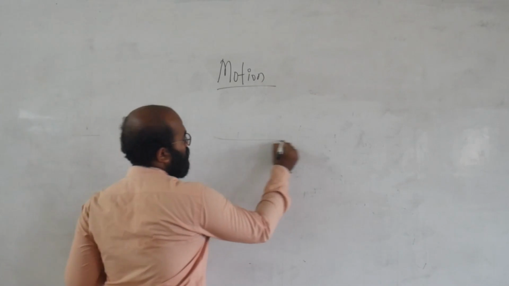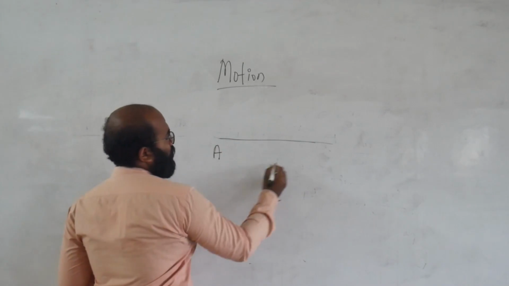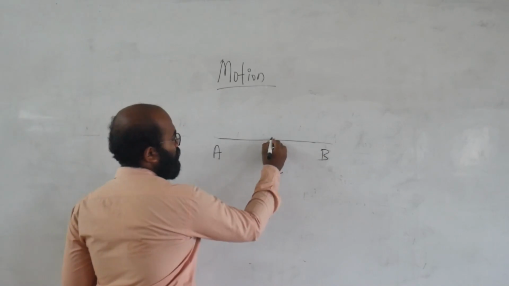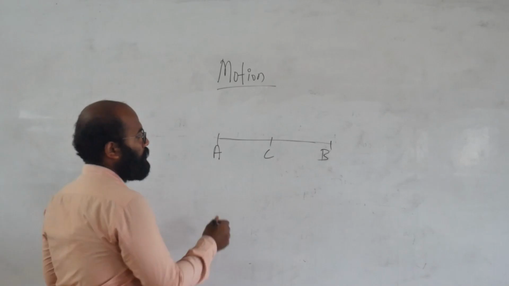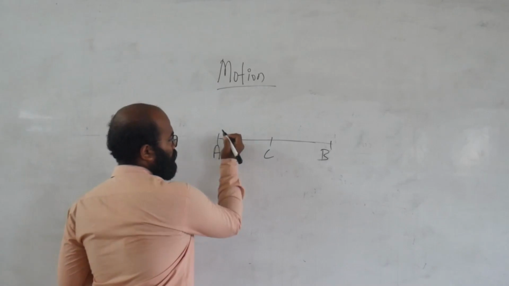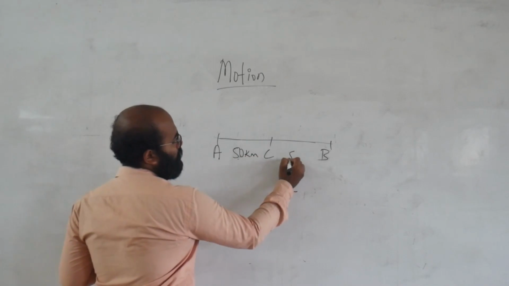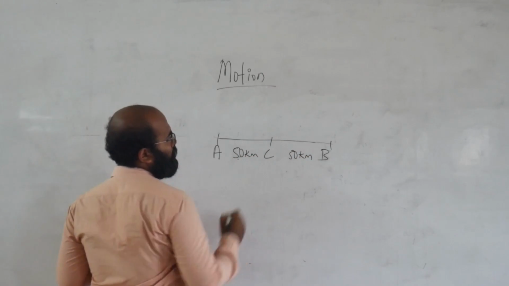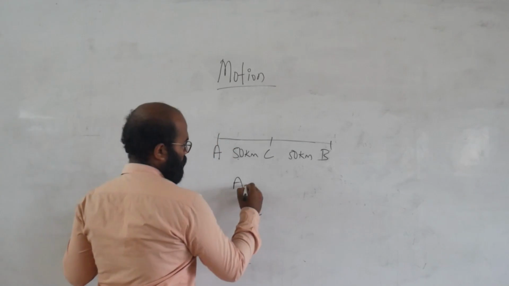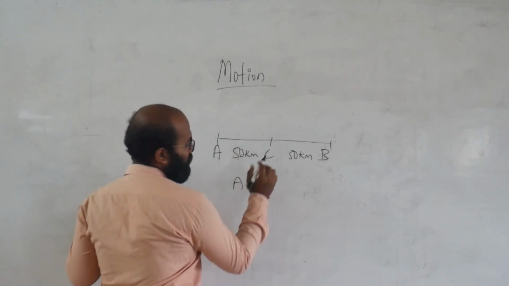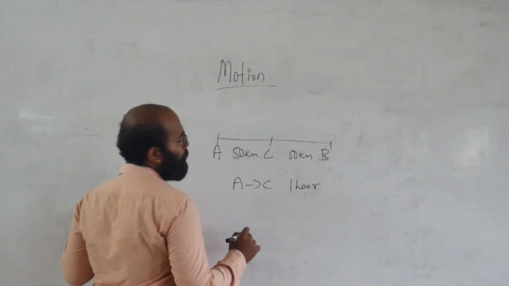Next, suppose A, B, and this time I take only 1 point, C. Let's take 50 kilometers. So to travel from A to C, that is 50 kilometers, I take 1 hour.